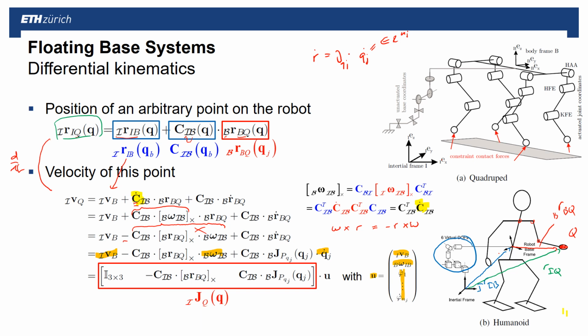I have this minus c times the cross product matrix of r bq, which maps the omega of the b frame with respect to I and b. And we have a rotation matrix times the Jacobian, which was taken with respect to the joint coordinates, times the joint level velocities that map the joint level velocities to end effector velocities. And this together is now the generalized Jacobian of point Q that maps U to velocities.